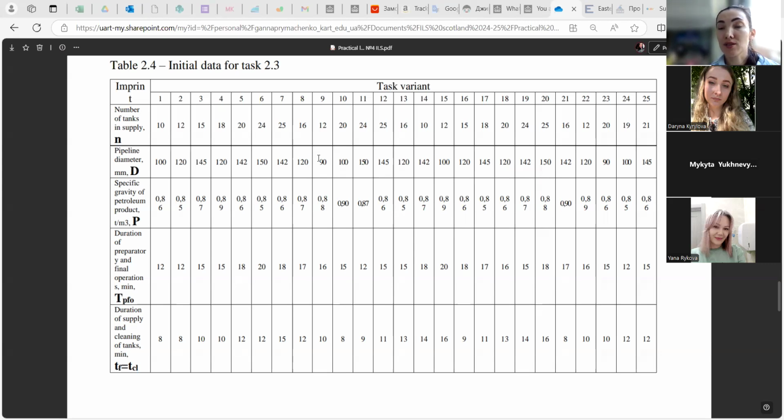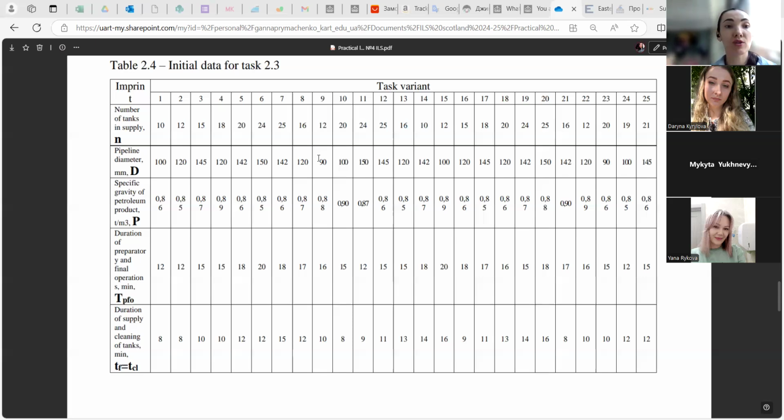Then to find this in meters, we need to divide it by 1000. To divide these parameters in millimeters by 1000, and we have these parameters in meters. Please do it now and write in your formulas the result already in meters.